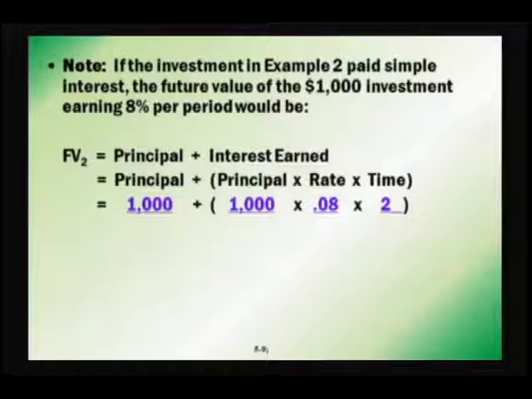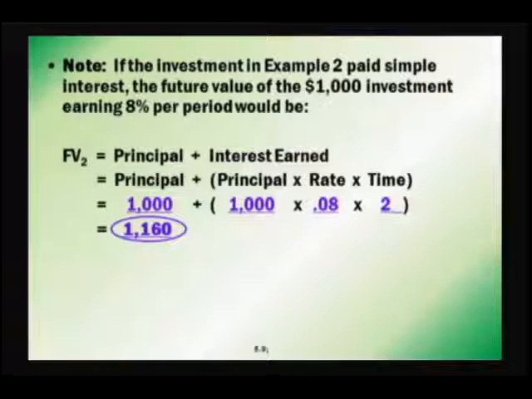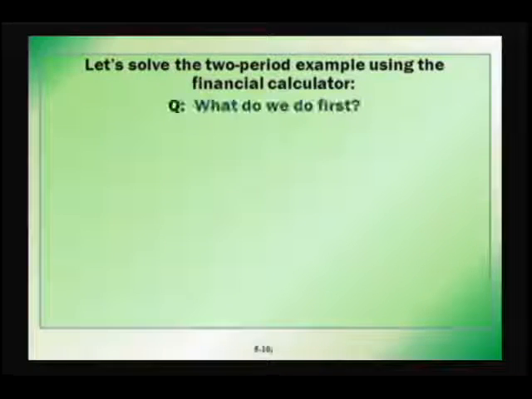And we would end up with $80 each period and have $1,160. Now, let's see how that compares if we compound. By adding that interest to the problem, we can now earn interest on that extra $80.